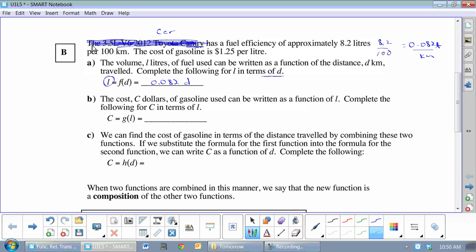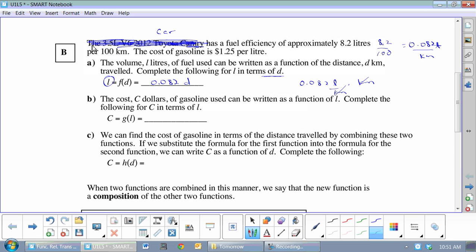That's the liters of fuel I'll use. If you've been in physics, this is 0.082 liters per kilometer, and if we multiply that by kilometers, you can see we're left with liters. Physics is really good for teaching you unit cancellation.